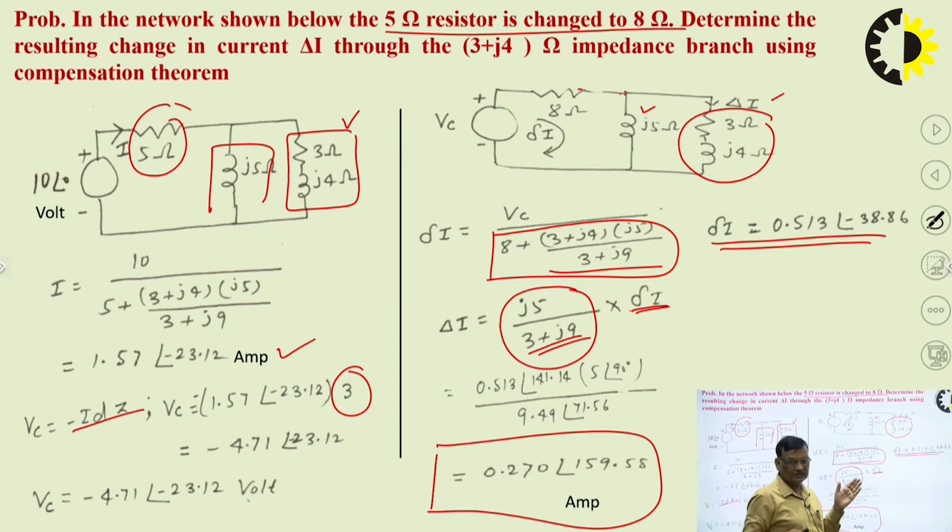For the verification we have discussed earlier, there are 3 steps. Step 1, original current, then draw the modified circuit, find the new current, take the difference. And the third step, draw the compensation theorem equivalent circuit, basically this circuit, and try to find the change in current. If both the changes in current are the same, then the theorem is verified, otherwise not verified.